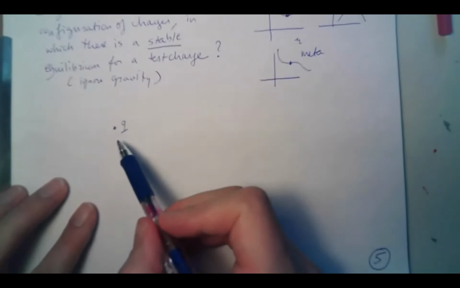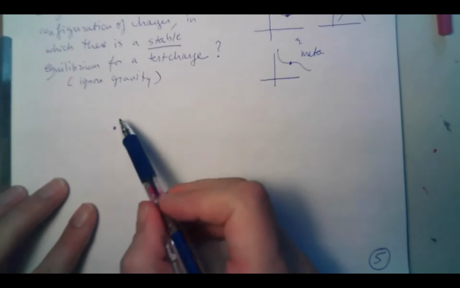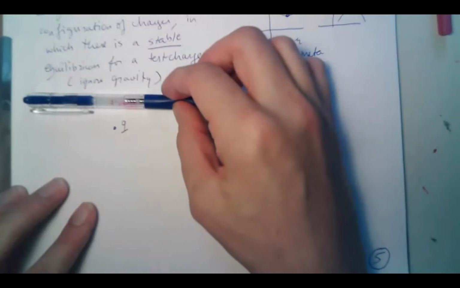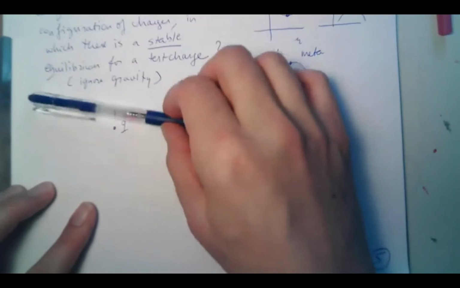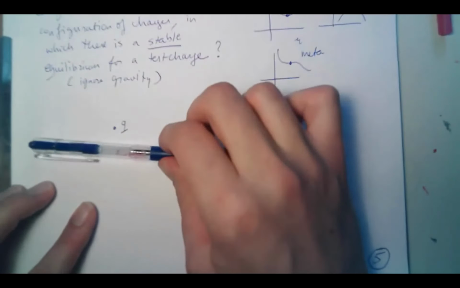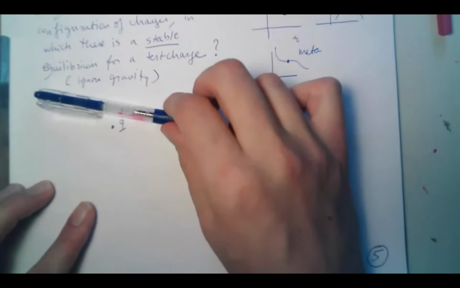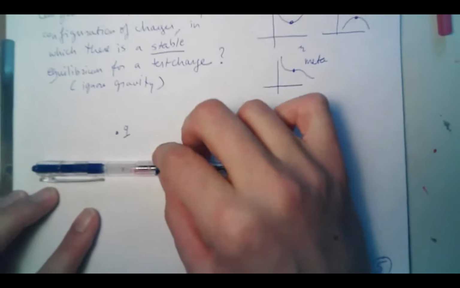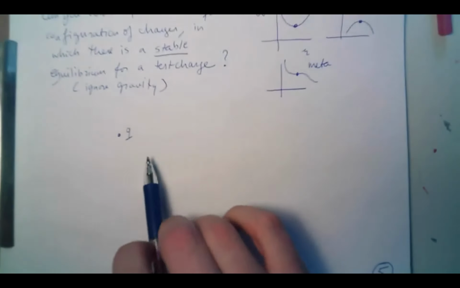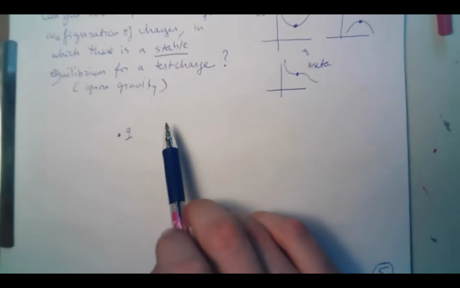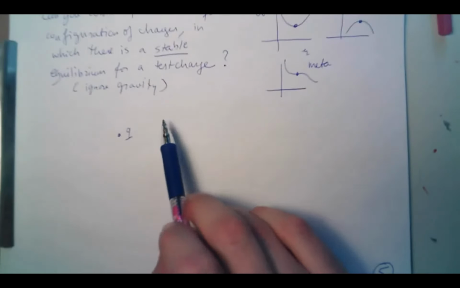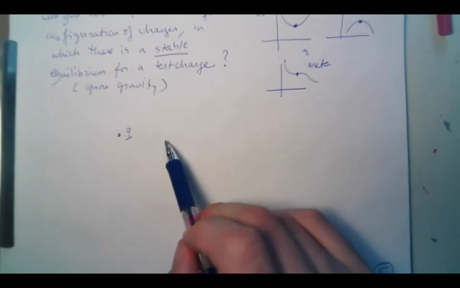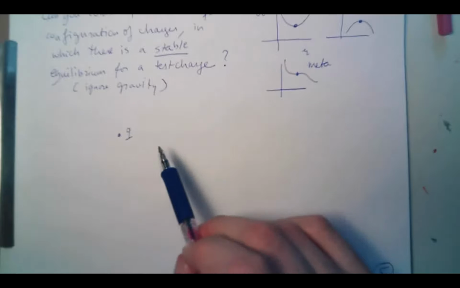Now, if I put this thing in any kind of uniform field, then it's going to just start moving. So uniform fields are out. So that's definitely not a solution. So the next thing we need to think about, if it's not uniform, is that we need to figure out some way to position charges around here to make this thing stay in place.